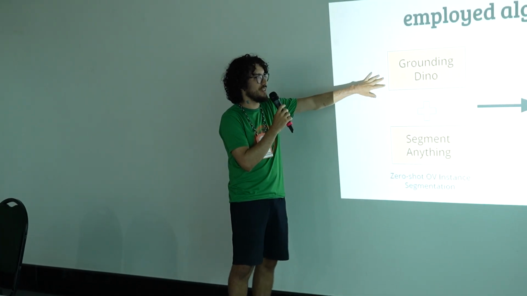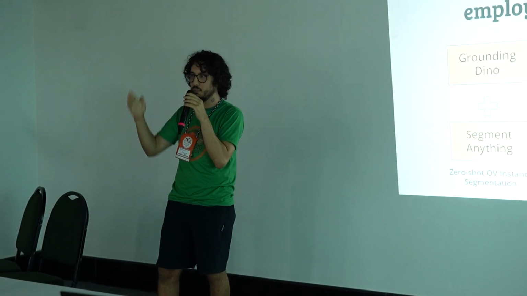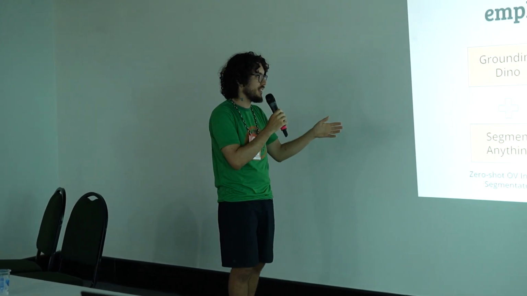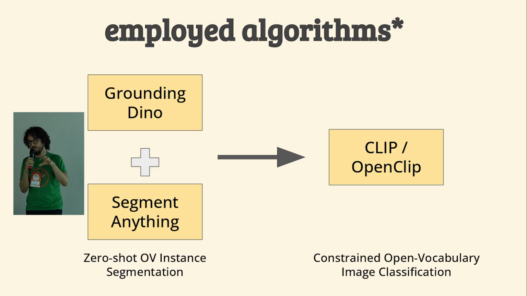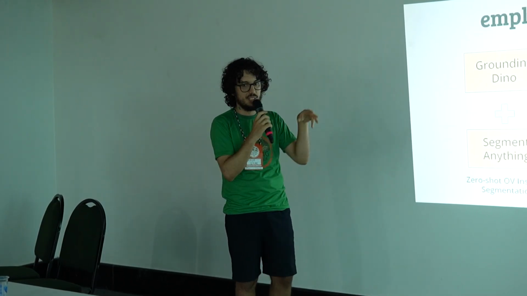Grounding DINO is the one that identifies the bounding boxes, and Segment Anything takes the bounding box as an input and produces the zero-shot visual instance of what you gave as a prompt. And then there's the algorithm CLIP, which is used for a constrained open vocabulary image classification.